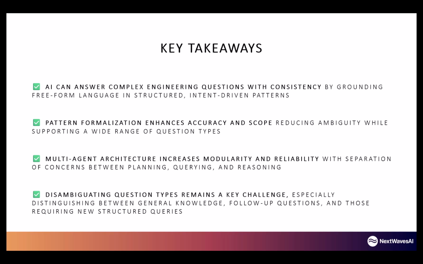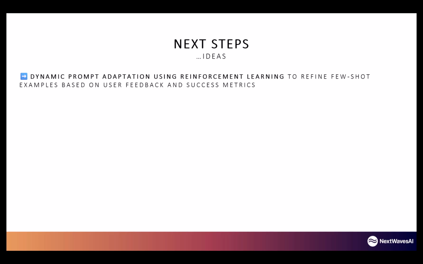And as we have seen, there are still some challenges, especially in terms of distinguishing between different types of questions. Is it actually a matter of general knowledge? Is it a follow-up question? Does it require new structured queries? In terms of next steps, I think there are several directions where we can expand and make the system stronger.